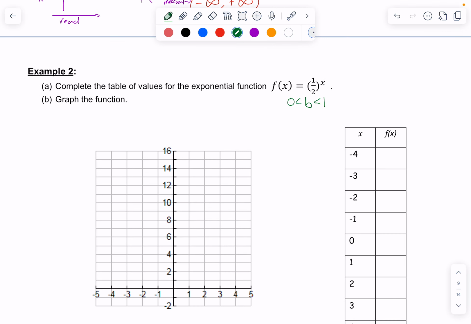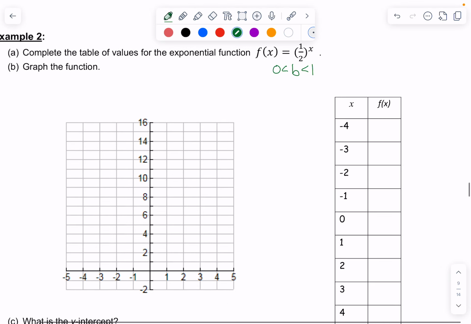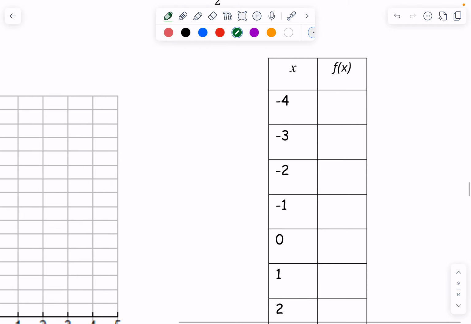So here, we're graphing 1/2 to the x. Like all things with math and table values, you are essentially evaluating f, which is 1/2 to the x. You are taking these x values and substituting them in for that x. So what is 1/2 to the power of -4?